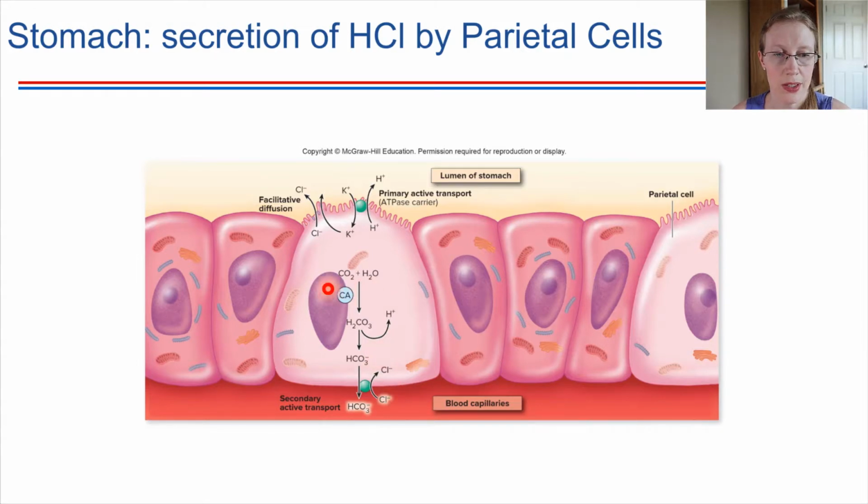As it builds up inside of the cell, it will diffuse out and be transported by facilitated diffusion, so no energy required, just needs a channel to allow it to pass. Chloride will be transported by facilitated diffusion into the lumen as well. So the net result of all of this is that we've taken protons, pumped them out, and we've also taken some chloride and transported it out. The combination of those two is HCl, hydrochloric acid.